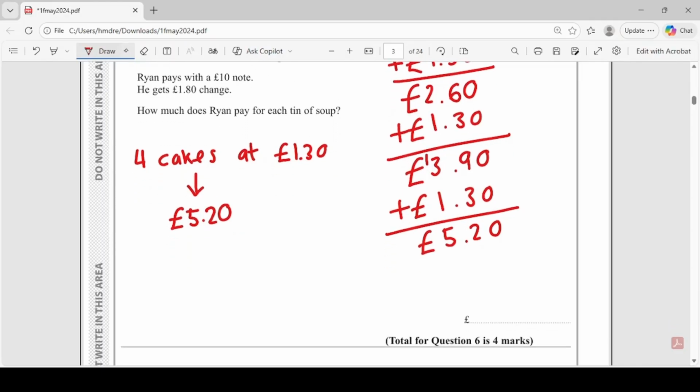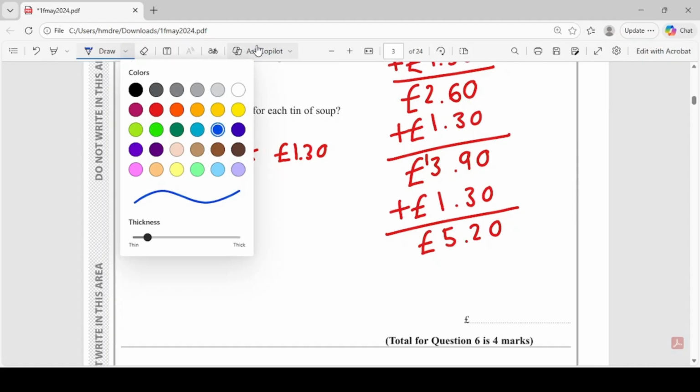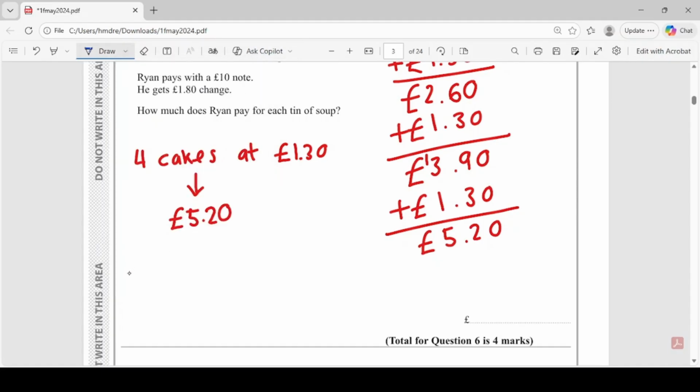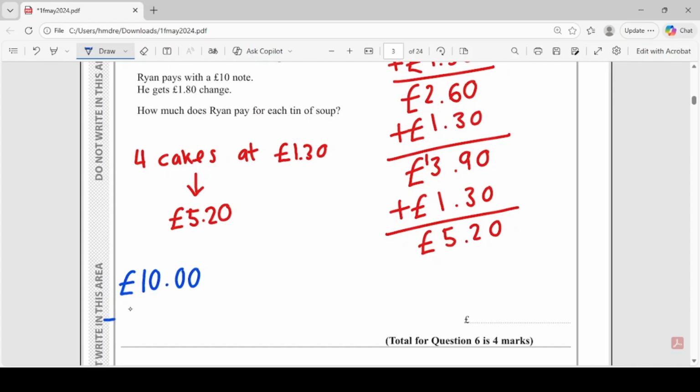Okay, so let's work out then how much the soups cost. So, £10 take away the £1.80. Zero.